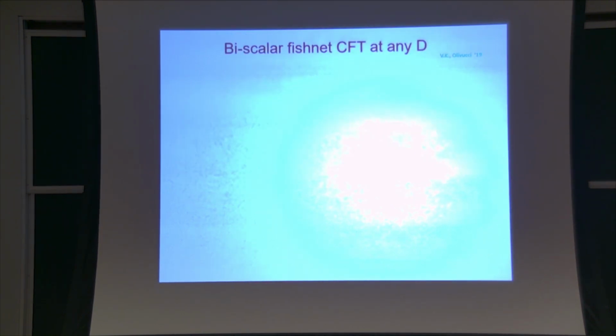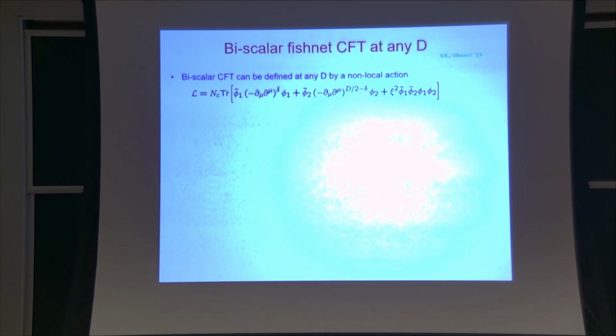Now, in the last 3 minutes, hopefully 5, I wanted to speak about our last result. I wanted to introduce the CFT at any d. You introduce it by this formula.